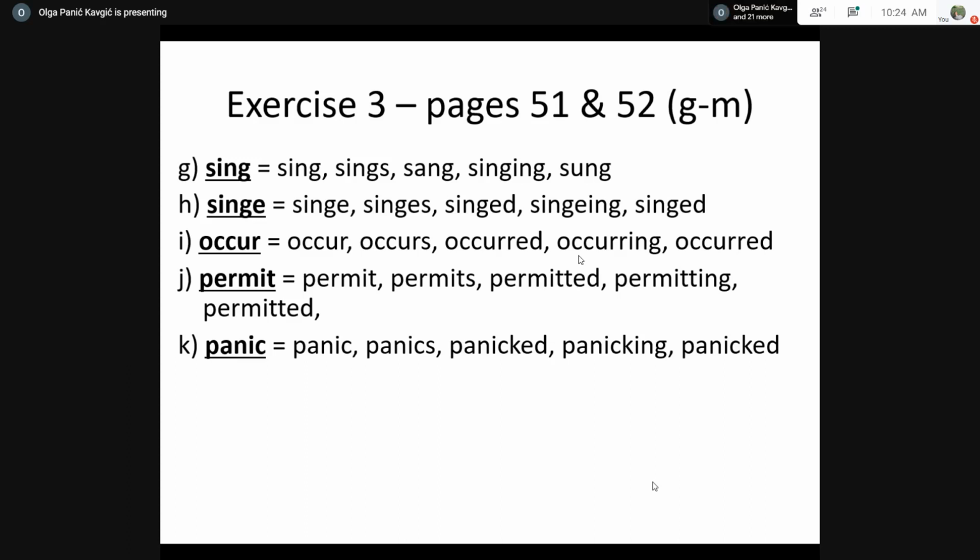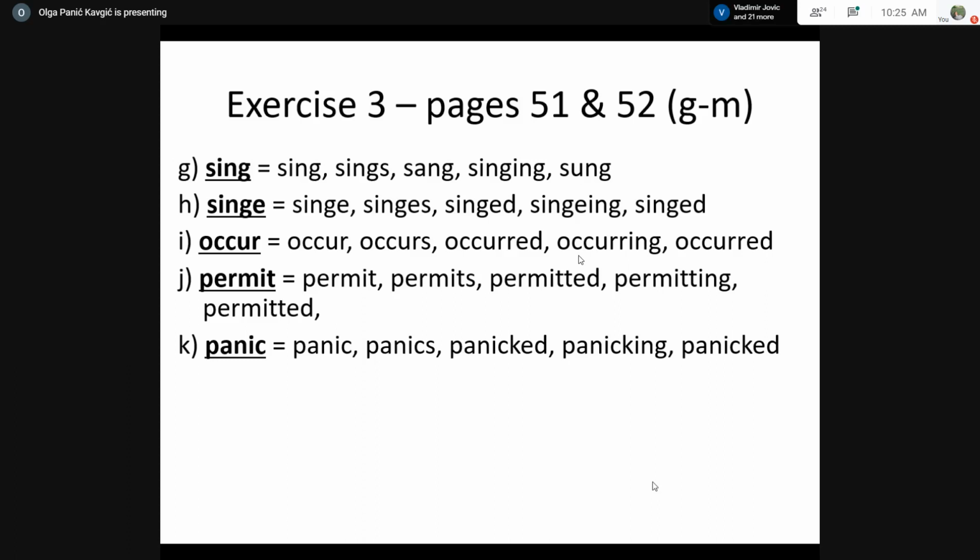Okay, thank you. A very easy one, the next one. Let's ask Marko Adžić. Boil. So the infinitive or the base form of the verb is boil.